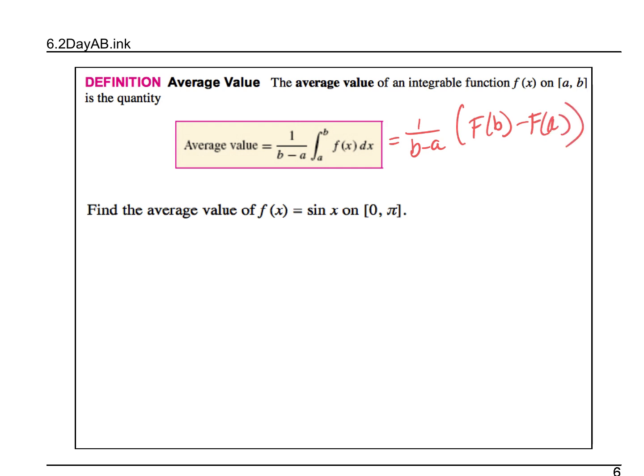Right? So change in distance, essentially. But average value then says divide it by the delta x, the b minus a. So you're still circling right back to a rate. This is still a rate, but it's an average instead of an exact at a moment.